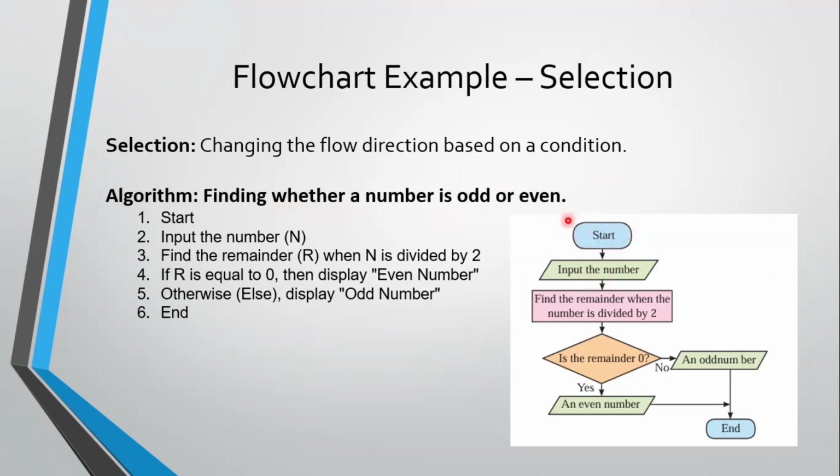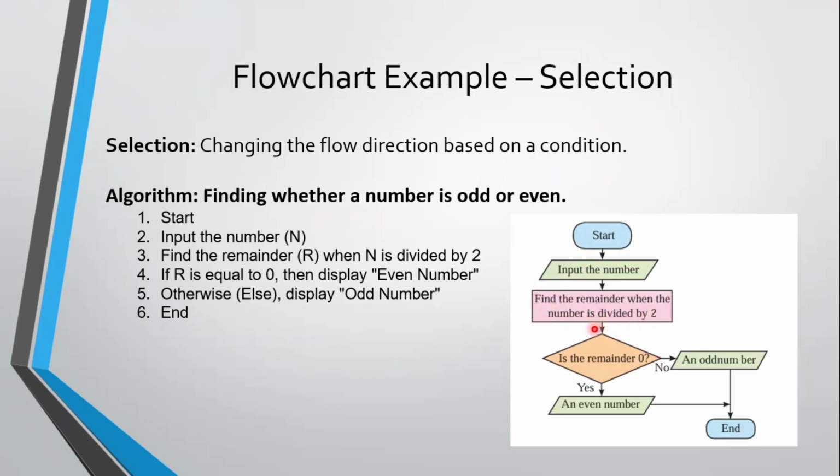After starting, we input the number, and our process is dividing it by 2 to find the remainder. We show it using the process box, a perfect rectangle.